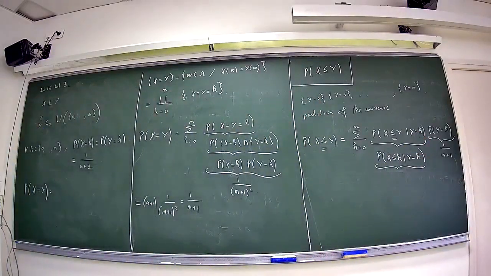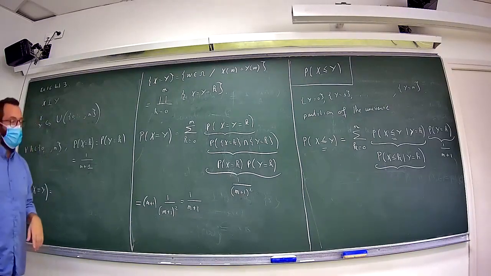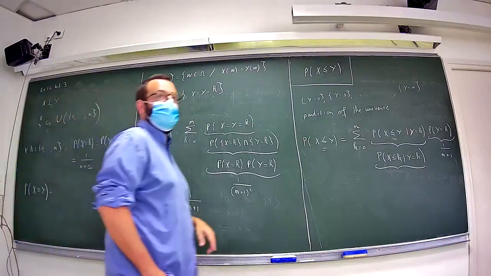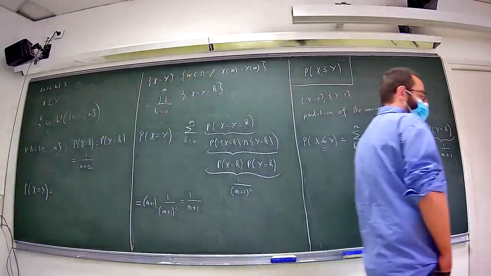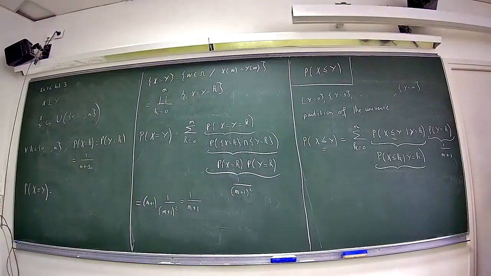What can I use now? For the moment, there is an element in my statement that I haven't used. Independence. And I know that when two sets are independent, P of A given B is equal to what?